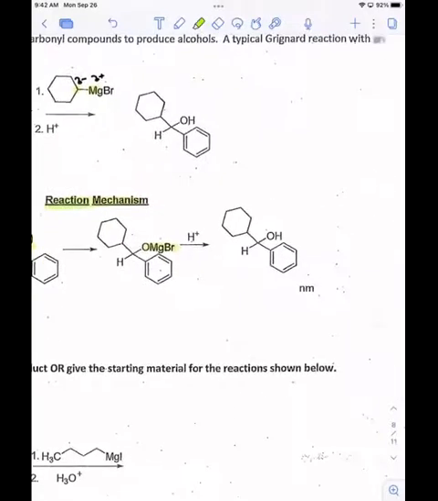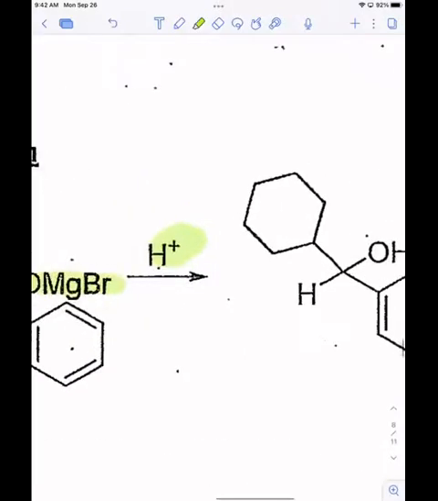So when I get to that point, the quench step is here, where I just add in some acid. The acid itself is going to have a proton, and then it's also going to have a conjugate base attached to it.